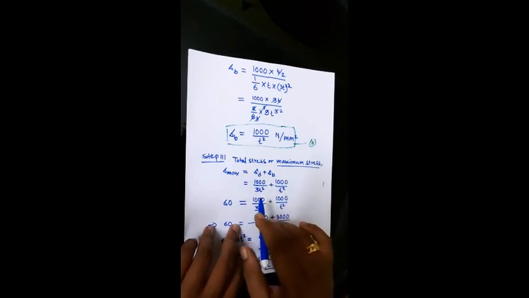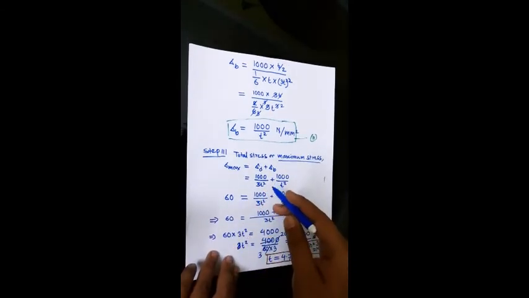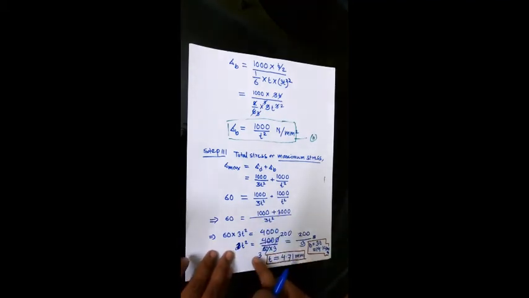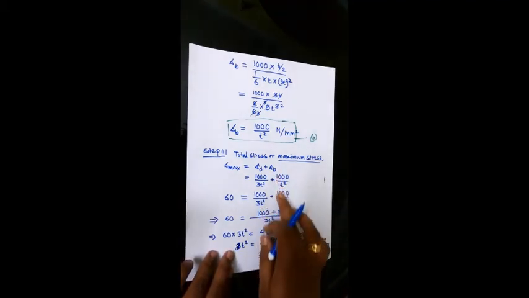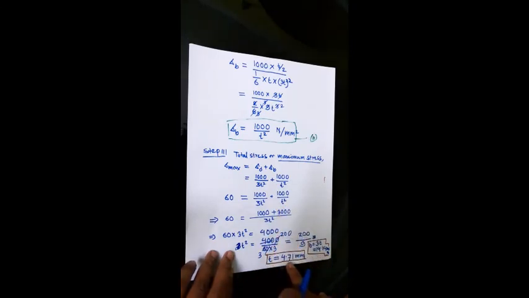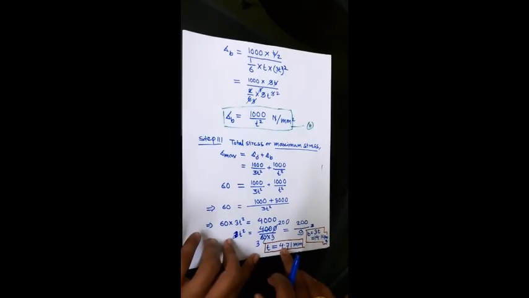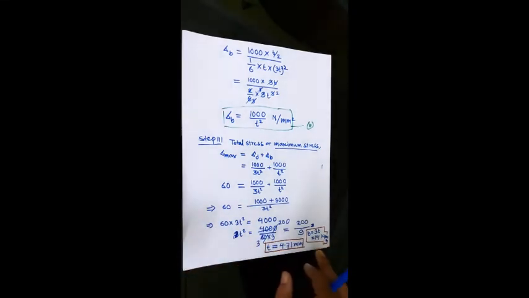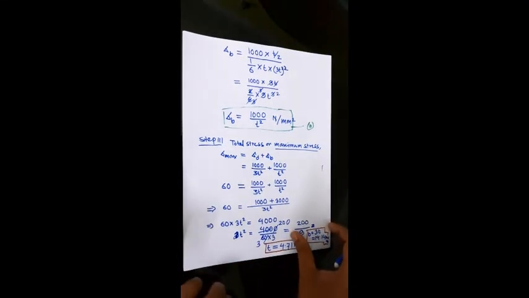From that maximum stress value we can very easily find the value of t. Once we find t, we can multiply the t value with 3 and get the value of b as per the problem. So this is how the problem should be solved.